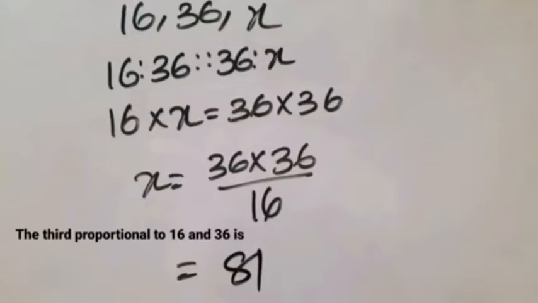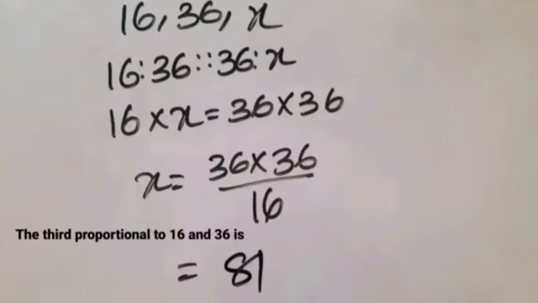So x is equal to 81. So the third proportional to 16 and 36 is going to be 81. If you have any doubts regarding this process, comment below. I can respond to your queries immediately. Let's move to the next question.